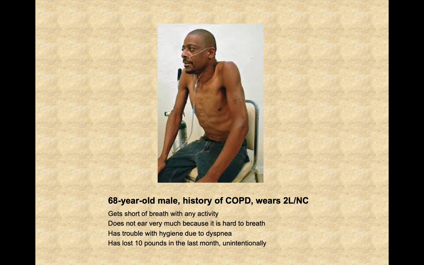Maybe I talk to a dietitian about appropriate nutrition. Maybe I talk to the patient about balancing his rest with activity. Maybe I find the patient foods that are easy to eat and don't require a lot of cutting and stuff like that. So lots of different ways that we can intervene for patients simply based upon what it is that we're seeing.